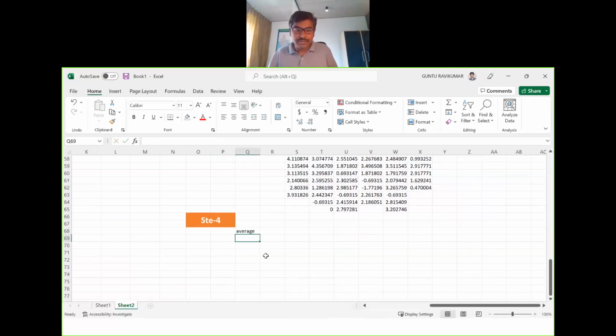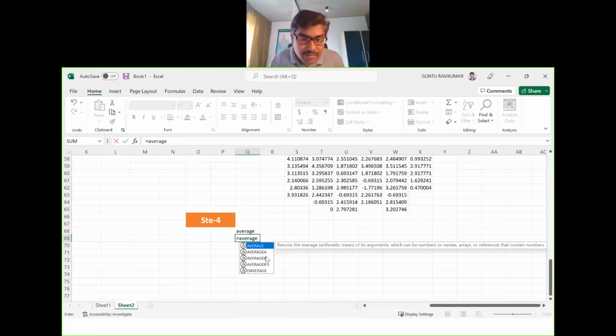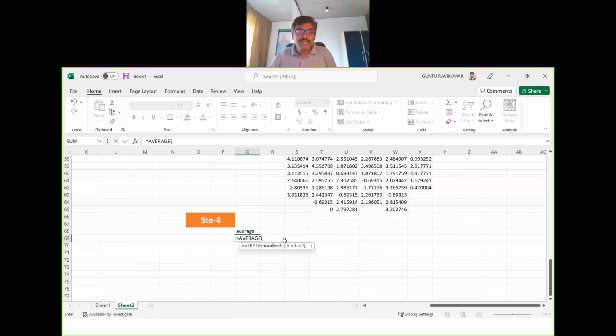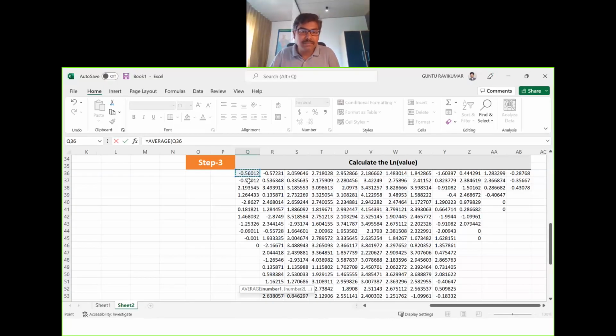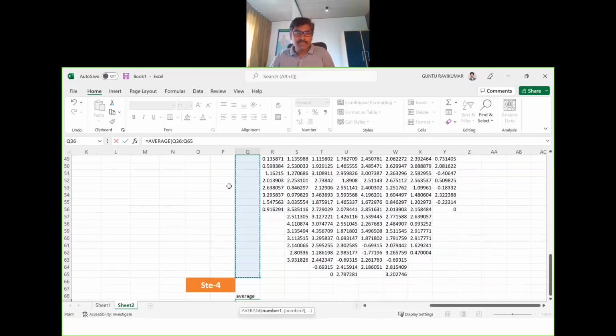Average, which is equal to, type average, and then you can see this function. Double click on it. So this is the starting number and this is the ending number. Or you can also drag till the end, yeah, till here, and then close it.